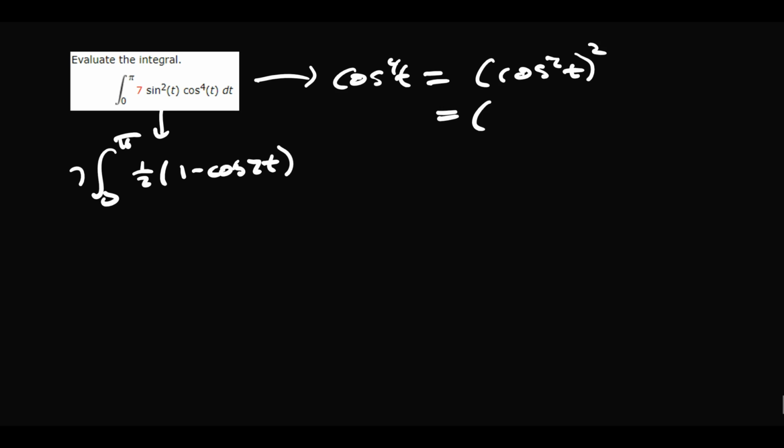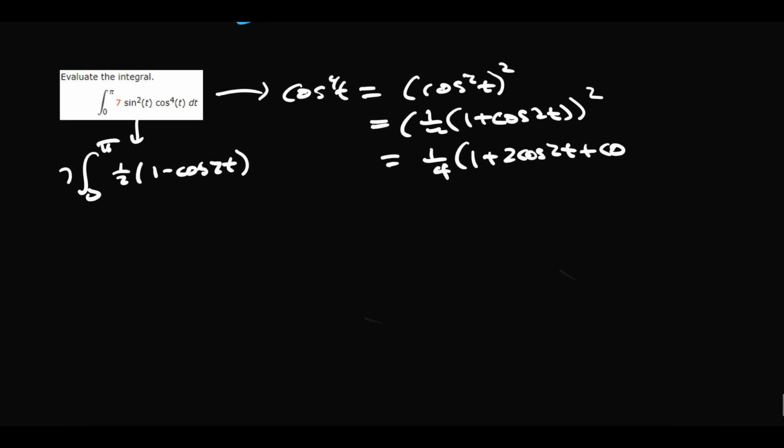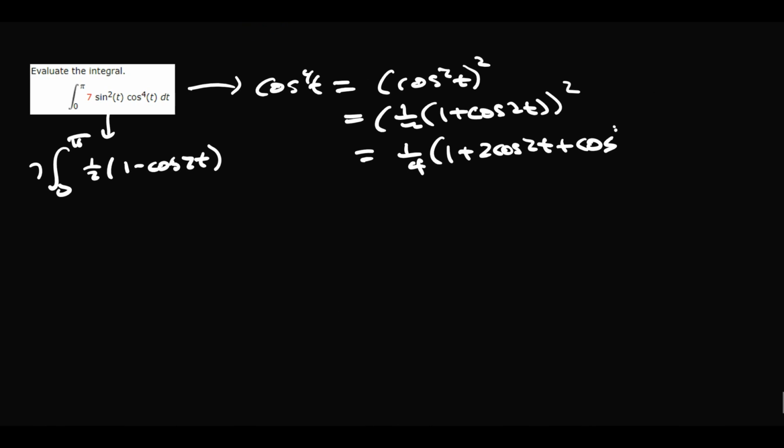So that would be 1/2 times 1 plus cosine of 2t, quantity squared. So that would be 1/4 times 1 plus 2 cosine of 2t plus, forming this out, cosine squared of 2t.